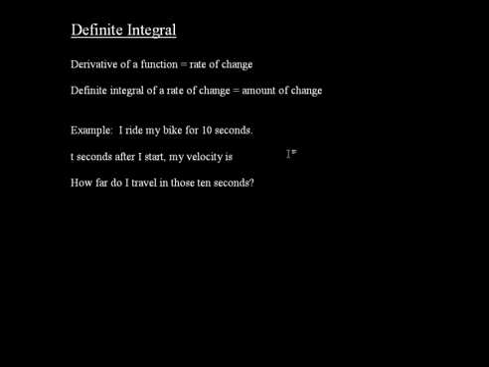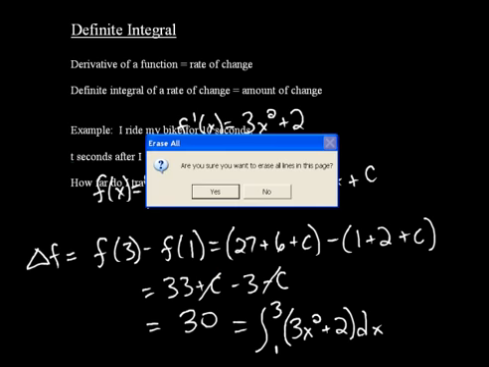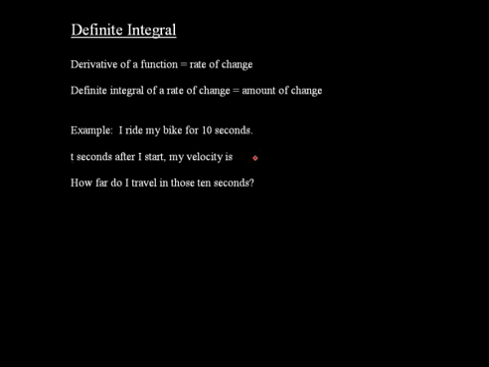The formula for velocity is going to be v of t is equal to negative t minus 5 squared plus 25, and that whole thing is going to be in feet per second.